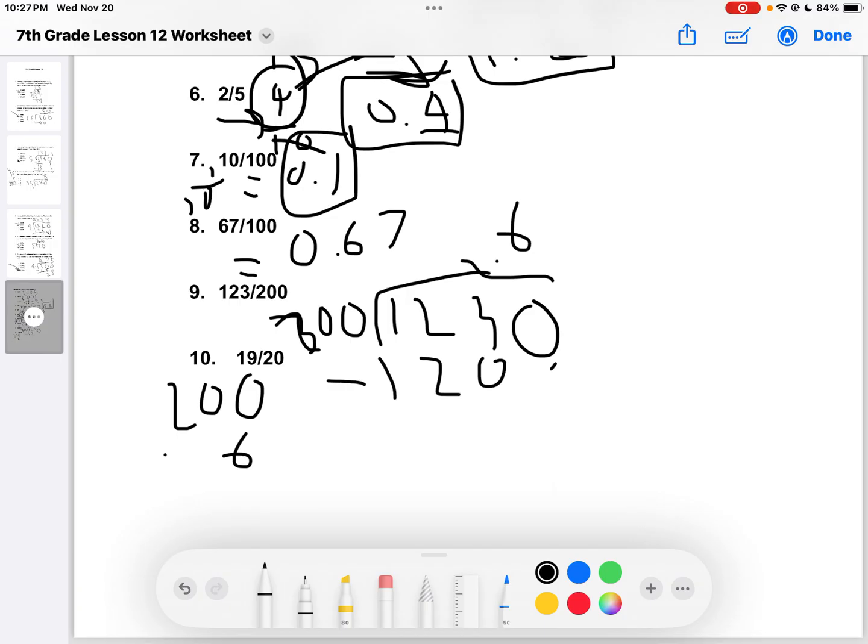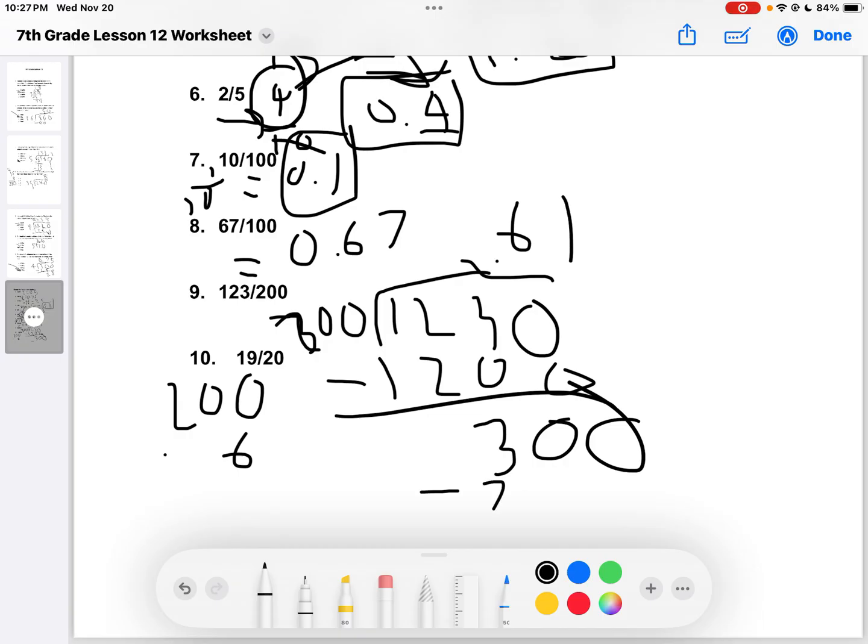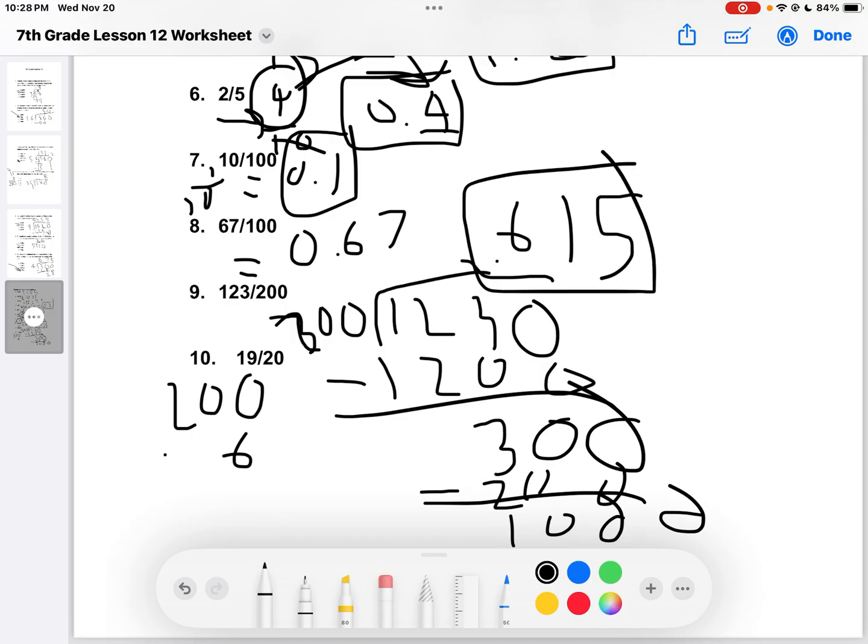Minus 1200 will be 30. 200 goes into 300 one time, minus 200 will be 100, add a 0, and 200 goes into 1,000 exactly 5 times, so the answer will be 0.615.